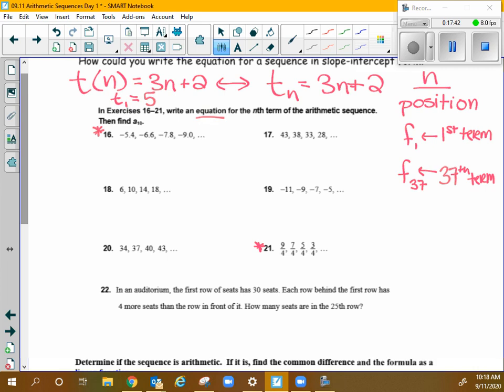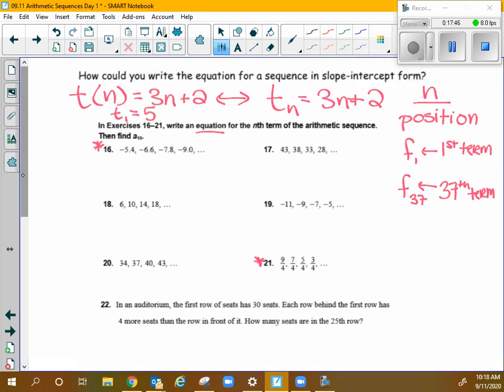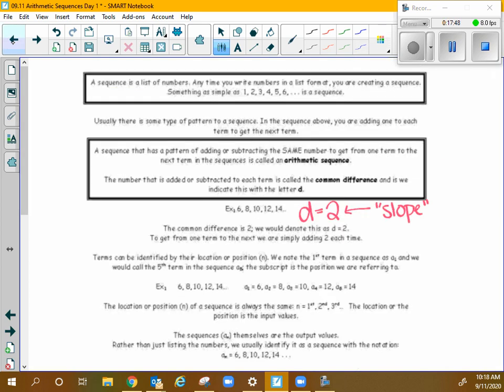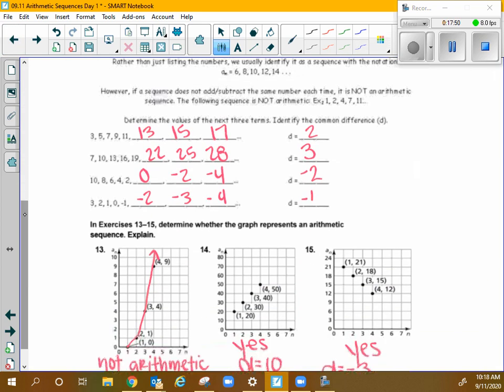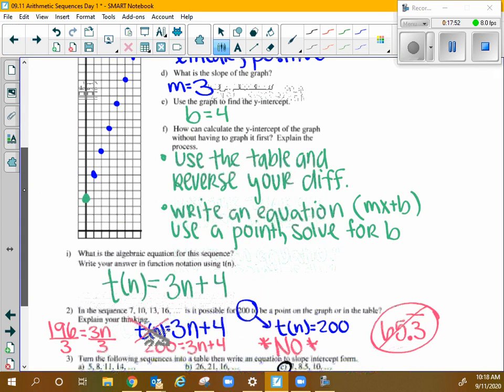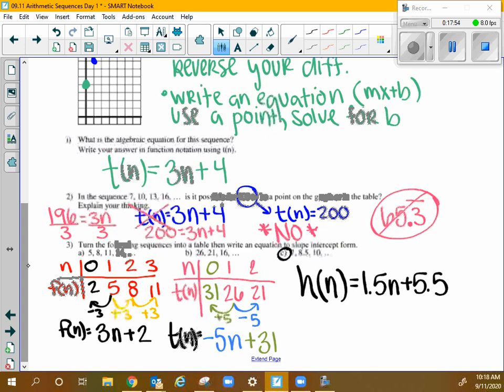So the first thing I need to find, if I'm writing an equation, you don't have to go back to the first page, but I'm going to go back there because y'all are going to tell me where things came from. Where did the 3 come from here? The slope, or in the sequence, what else do we call it? D, the common difference, yes.